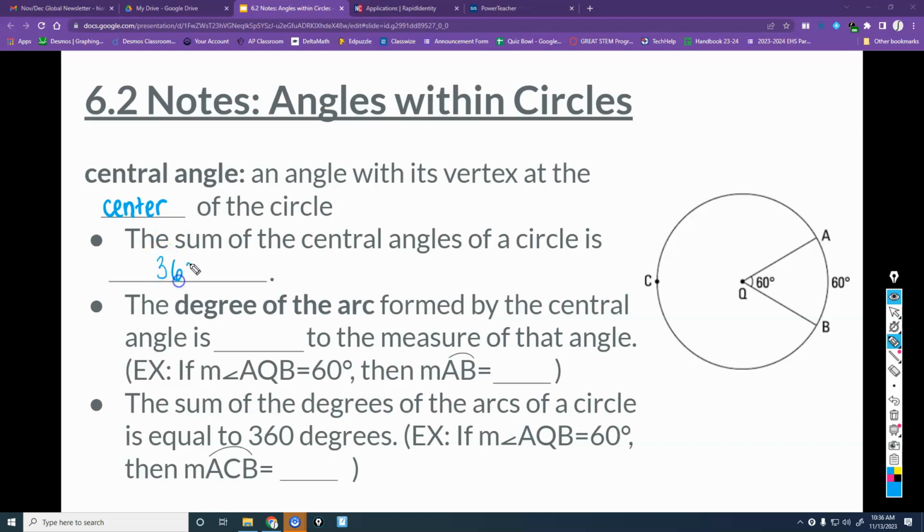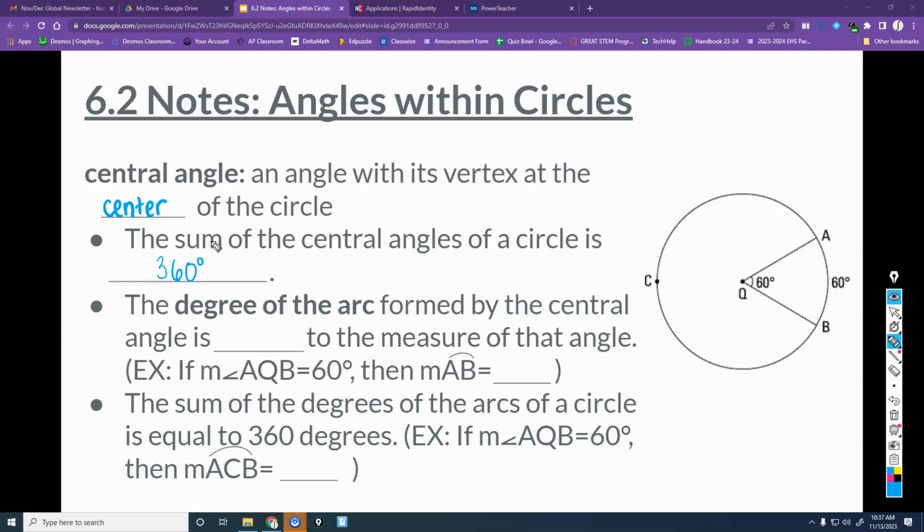So the sum of the central angles is 360 degrees. This could be split into a bunch of angles, and if I added all of them together, it would equal 360. You should probably be familiar with a circle having 360 degrees, hopefully.